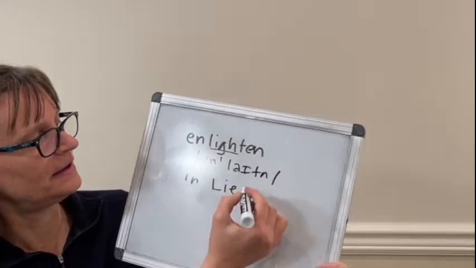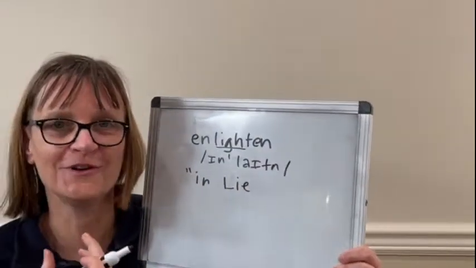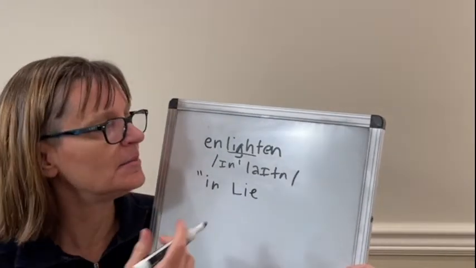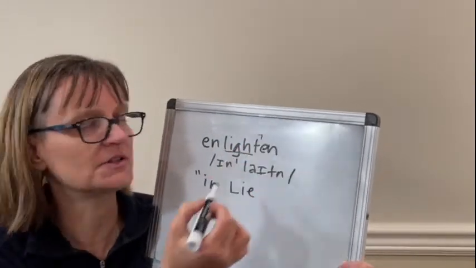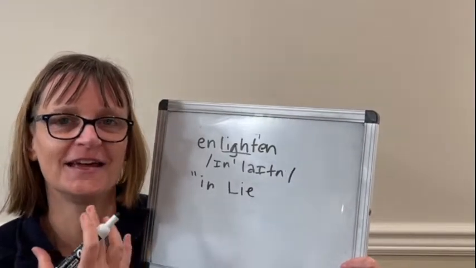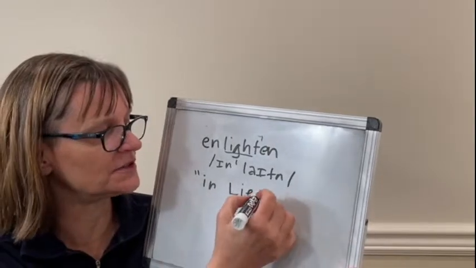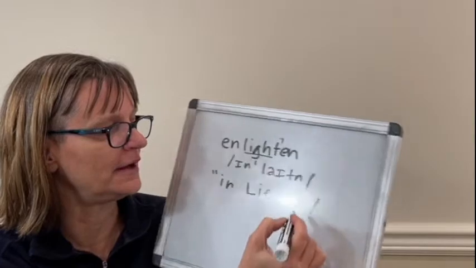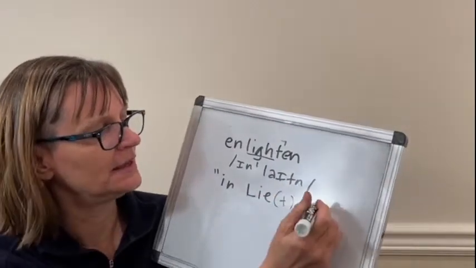You want the I diphthong, so it's going to be enlighten. And then in the word enlighten, I can say it with a true T, enlighten, but most native speakers are going to use a stopped T there, so you're not going to hear the release of air on the T sound, and it's going to go right into the N. So it's going to be more like enlighten.